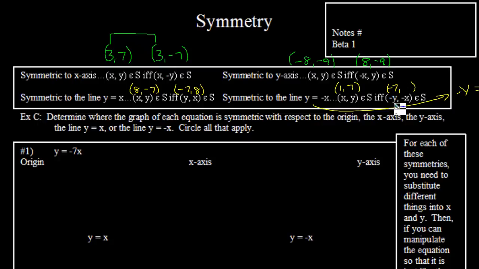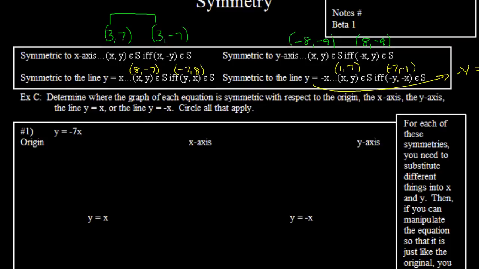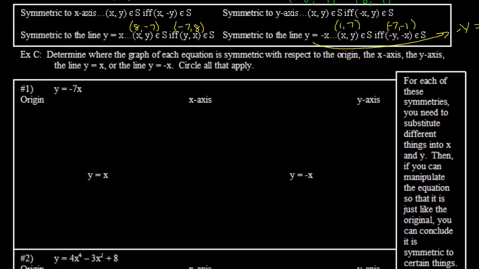It was 7, it becomes a negative 7. My y becomes a negative x. My y was 7, but now it's going to be whatever x was, and you change the sign. It's a little confusing, but once you do this 3, 4, 500 times, it gets to be really, really easy. So example C. Seriously, you'll see this is pretty simple.